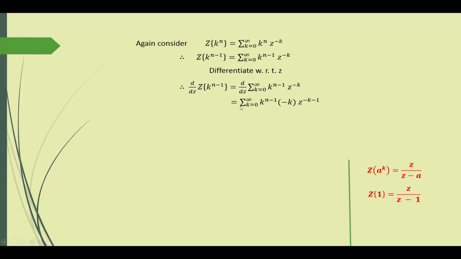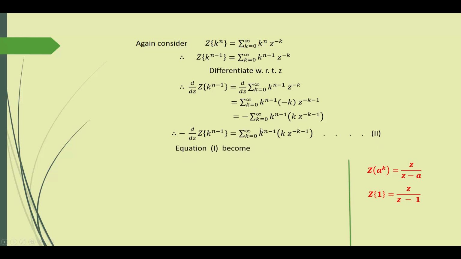Then write the minus sign out of this sigma, equals minus of sigma k varies from 0 to infinity k^(n-1) into k into z^(-k-1). Now write the minus sign on the left hand side, therefore minus of d by dz of Z transform of k^(n-1) is equal to sigma k varies from 0 to infinity k^(n-1) into k into z^(-k-1). Denote this as equation number 2.